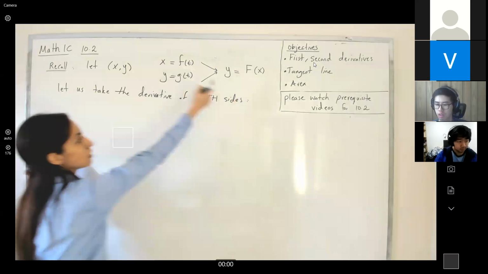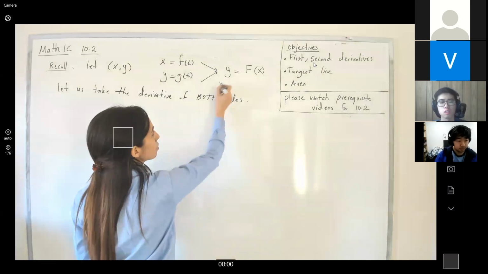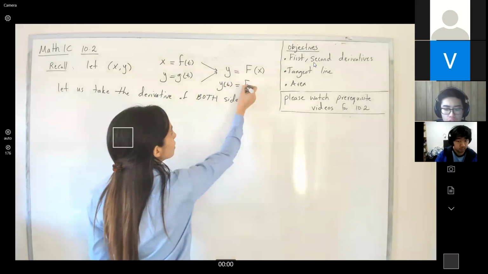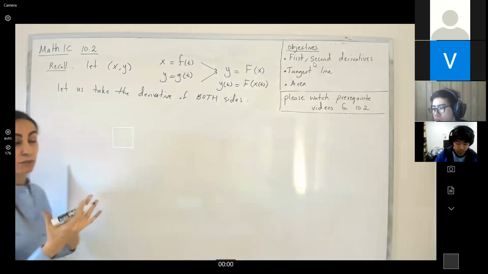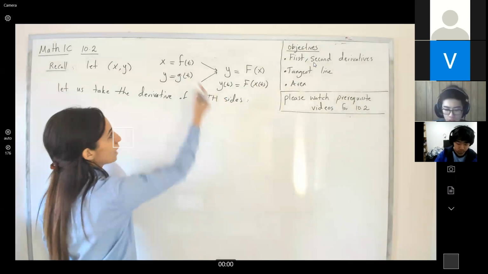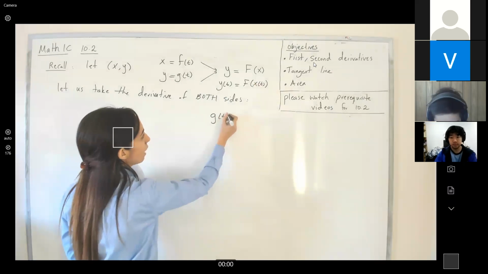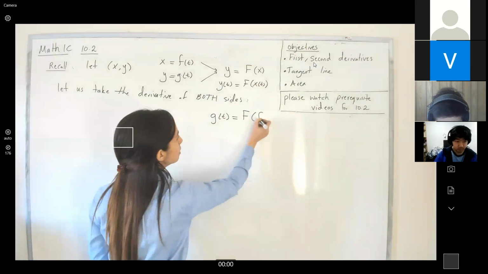And remember that this depends on t. So here you have y of t equals f of x of t. Or you can rewrite it this way: y is actually g of t. So you have g of t equals f of x of t.